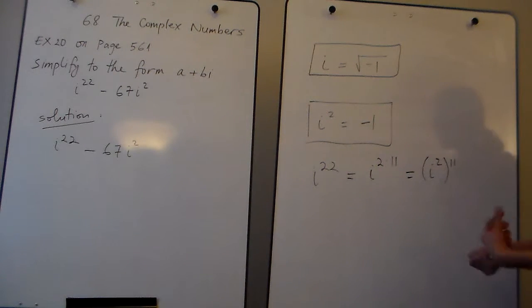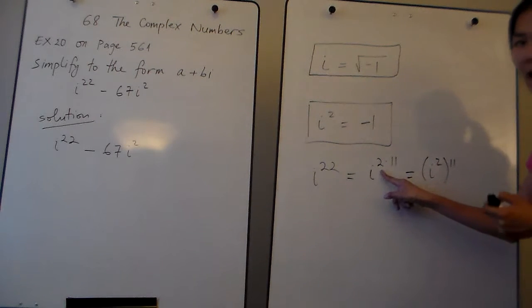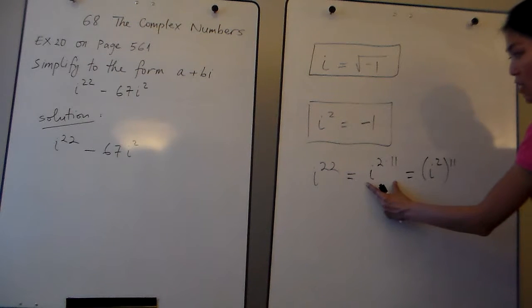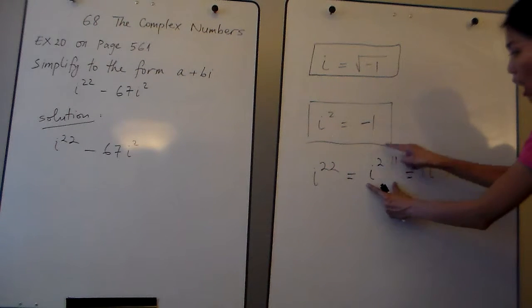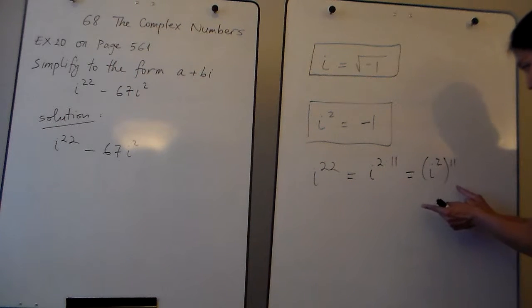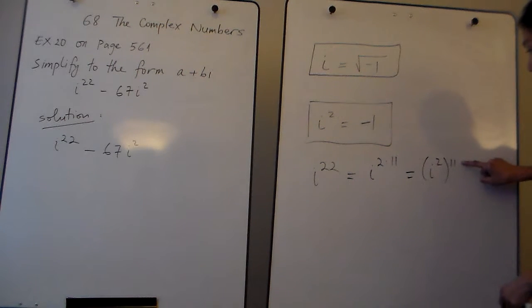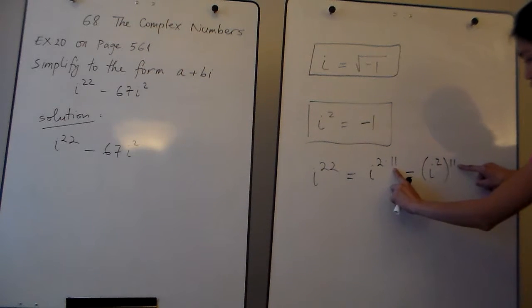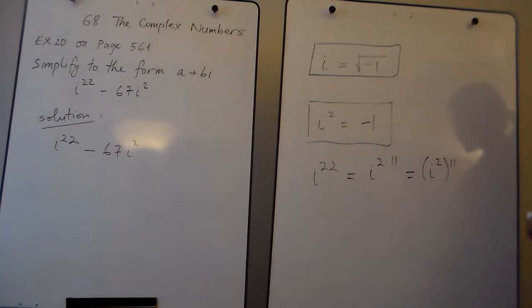So I'm rewriting the exponent with 2 as one factor, giving i squared inside parentheses, multiplied by 11, the other factor, outside the parentheses.